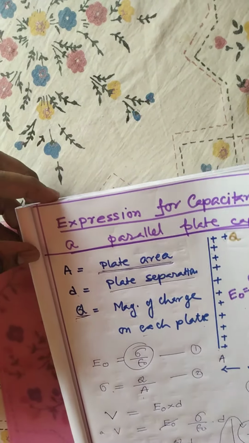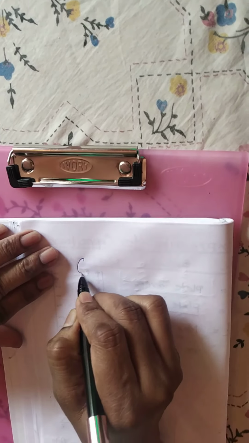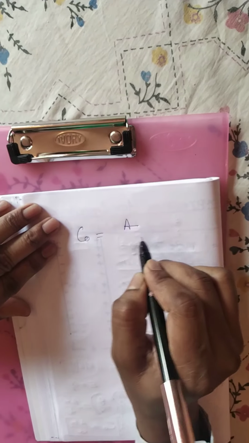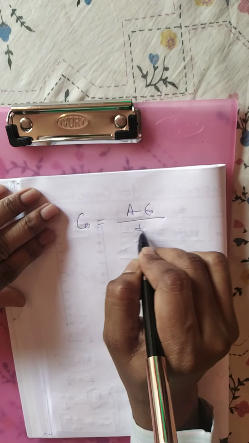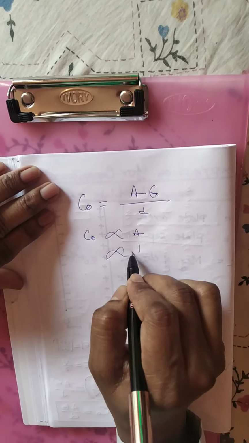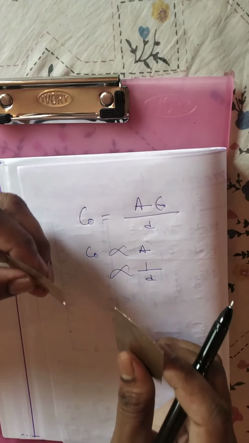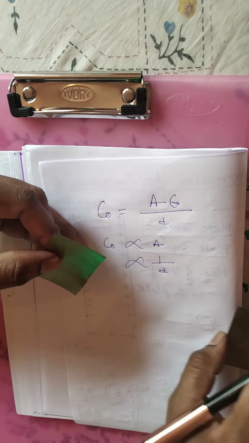Now see, this capacitance C naught depends on area, epsilon naught, and d. That is, C naught is proportional to A and proportional to 1 by d. What does this mean? If you increase the area, its capacitance will increase.